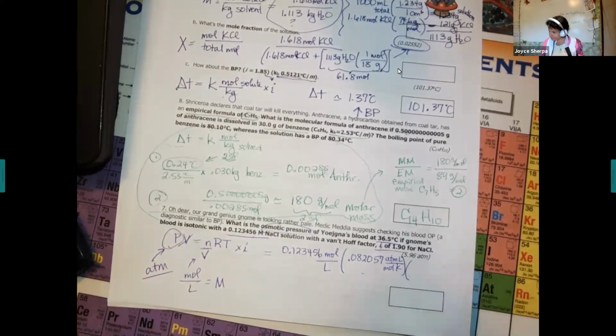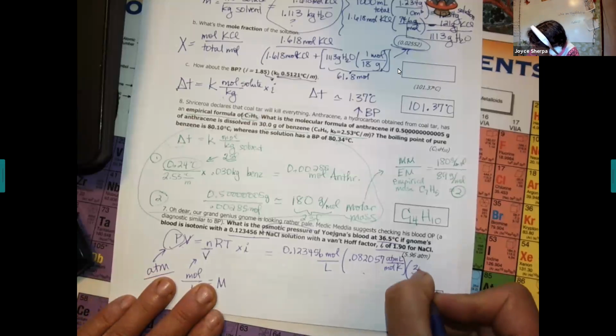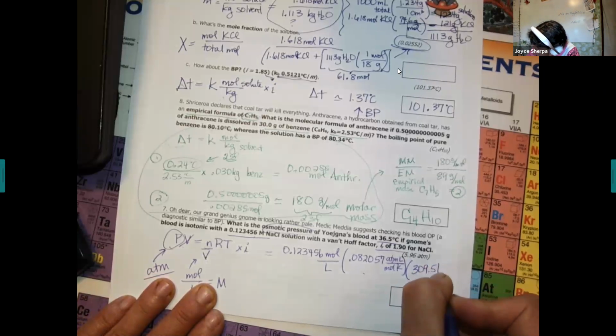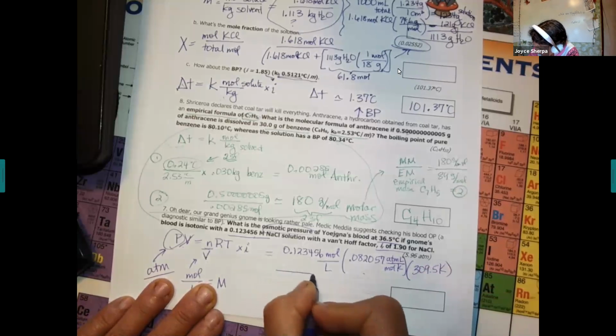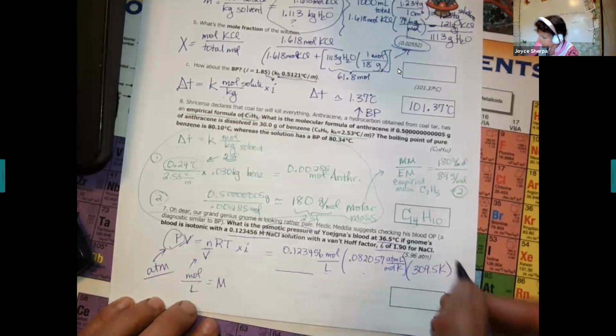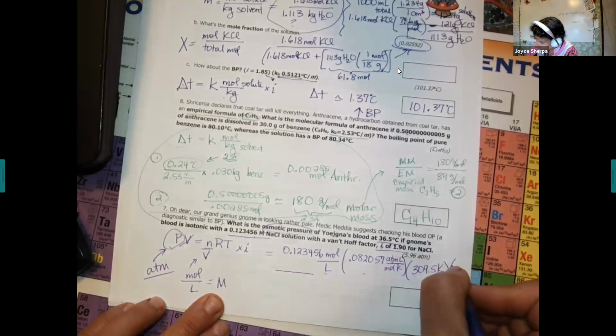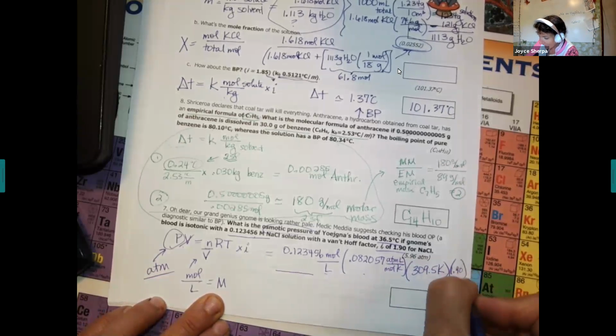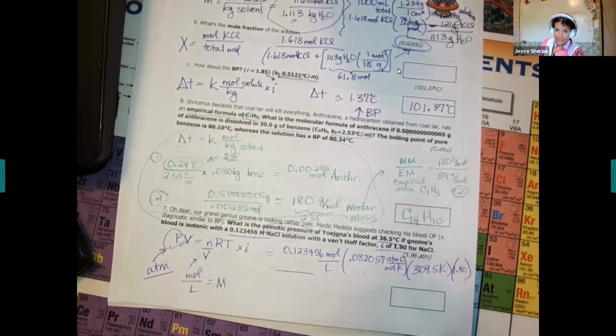The temperature, what number is this, 7? 309.5-ish Kelvin. And we already got the volume is just 1 liter, because this was moles per liter. And then our i factor, 1.90. i has no unit, it's just a number.